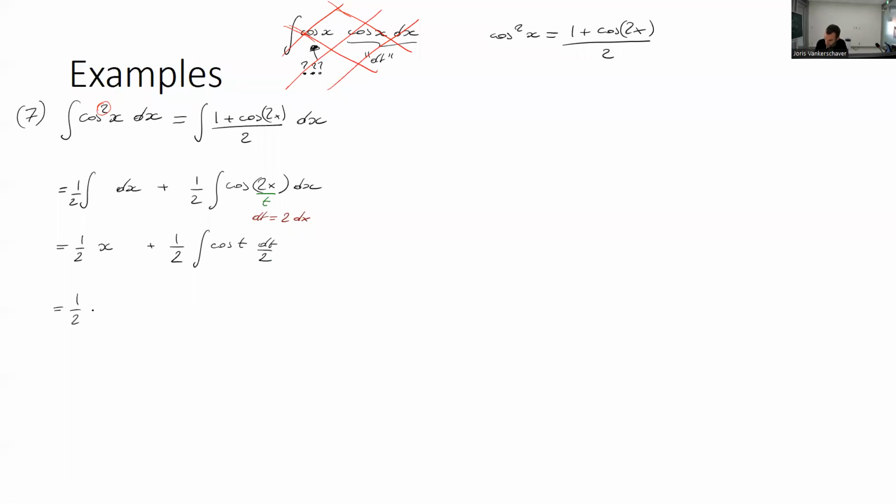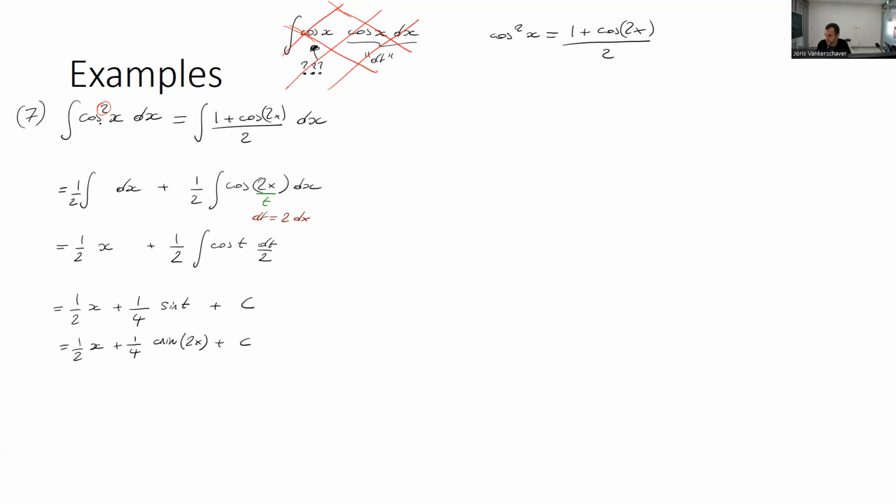So we get 1/2 x plus 1/4. And now the integral of cosine is sine t plus a constant. And now we can write everything as a function of x: 1/4 sine of 2x plus a constant.